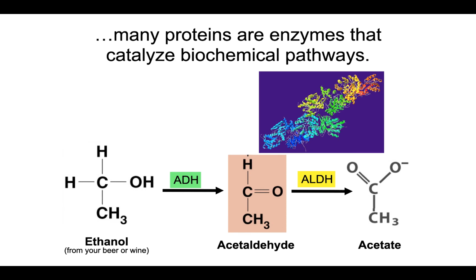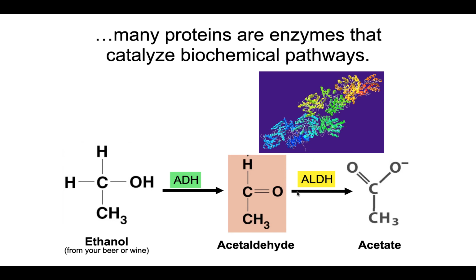Many of the proteins that we learned of, especially within metabolism, are enzymes that catalyze reactions. For example, here's a small little biochemical pathway. When you drink ethanol, so alcohol from your beer or your wine, you need alcohol dehydrogenase. Okay, that's an enzyme that catalyzes the conversion of ethanol into acetaldehyde.